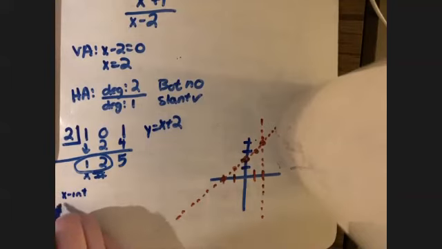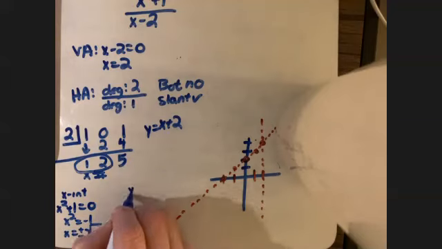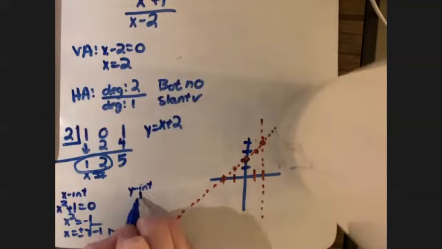X-intercepts, we've got x squared plus 1 equal to 0. Okay, guys, square root of -1 is i. That means there are none. I don't ever hit the x-axis at all in any of this. For my y-intercept, if I plug in 0, I'm going to have 0 plus 1 is 1, 0 minus 2 is -2.